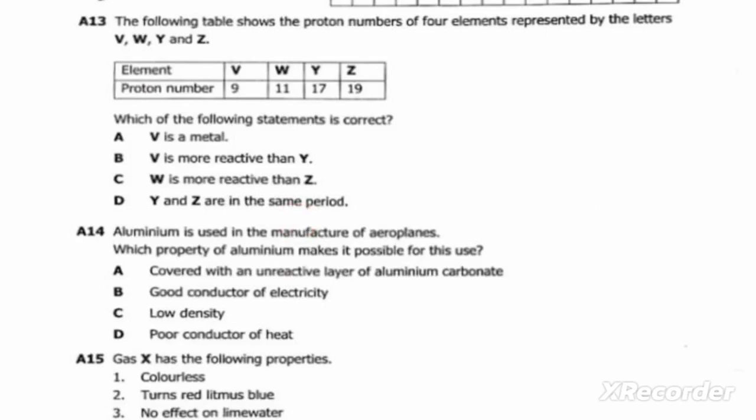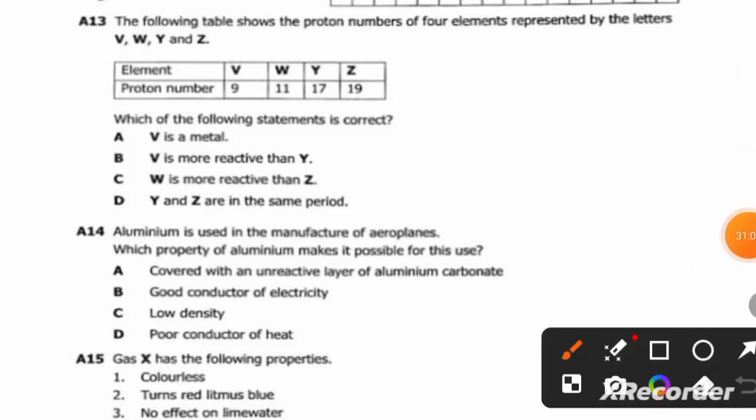Okay, so we need to identify these elements. Let us start with V. Let us come up with an electronic configuration of V. We can see 9 as its proton number, and we know that proton number is equal to electron number.